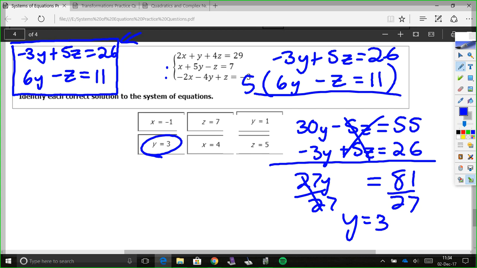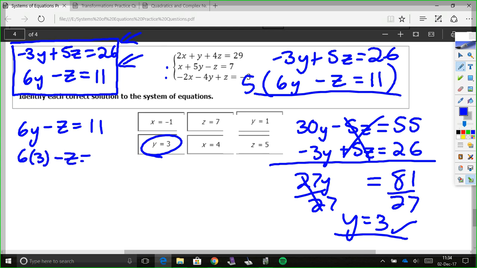Now it's much easier to find x and z because we already have this information. So let's take one of those equations, one from over here on the side, and let's plug in that 3 for y. So I'm going to use the second equation, 6y minus z equals 11. I'm going to plug in 3 for y now that I know y is 3. So 6 times 3 minus z equals 11.